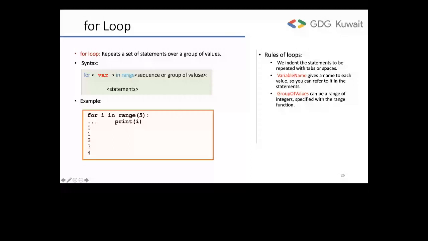This is what it means. And the group of values can be a range of integers specified with the range function. Okay, so these are the group of values. We can write like here 1 comma 5. It will start from 1 to 4. It will stop at 5.